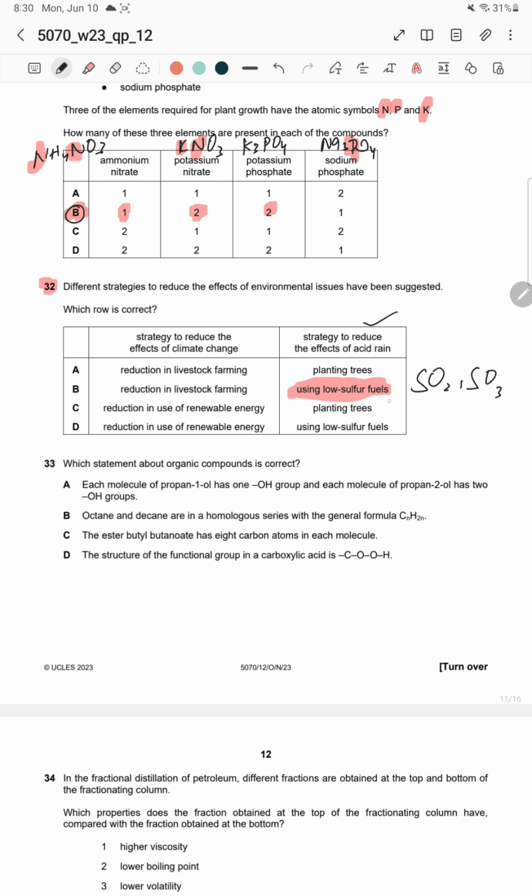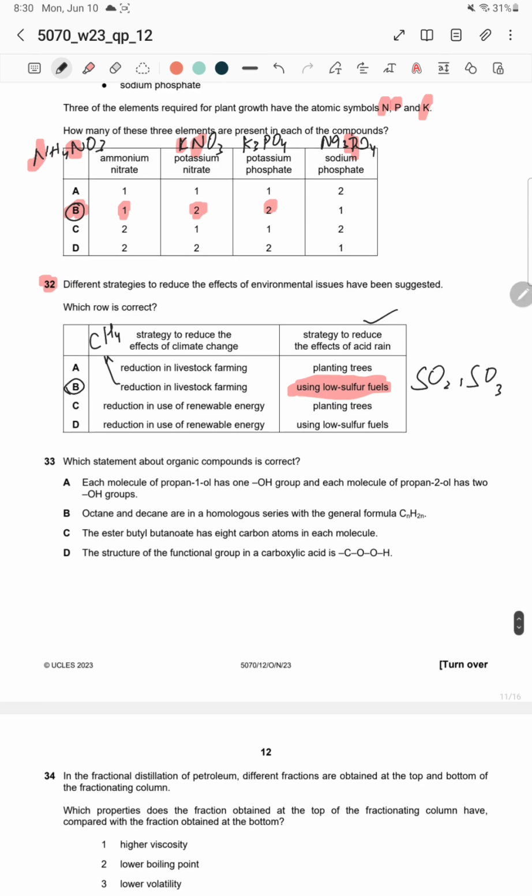So using low sulfur fuels and reduction in livestock farming avoids the release of methane into the atmosphere, because it has a huge contribution to global warming. So B is the right option.